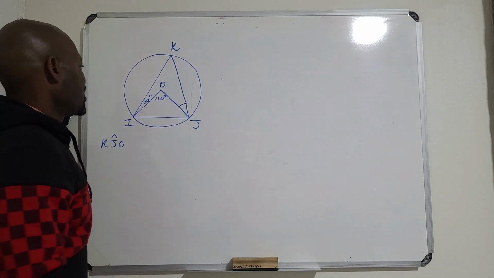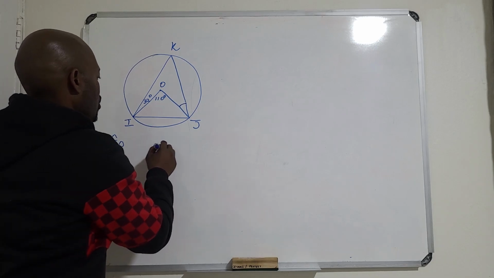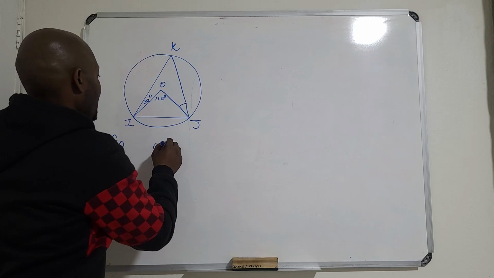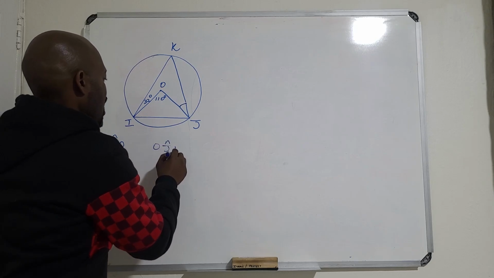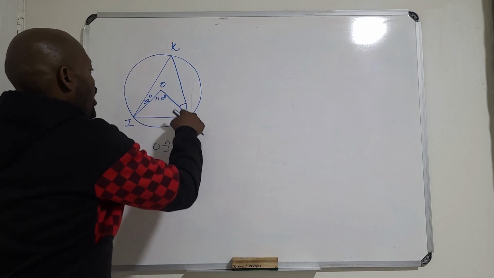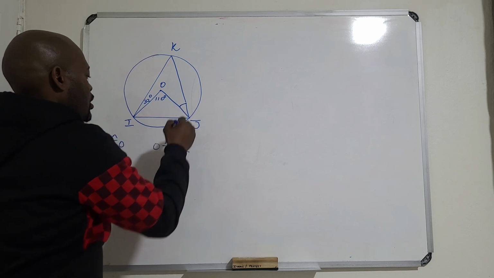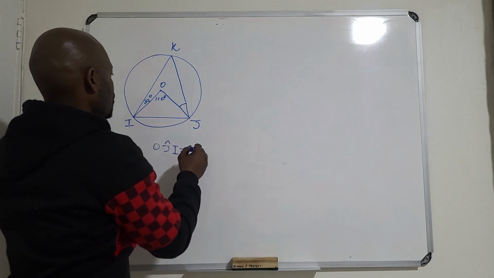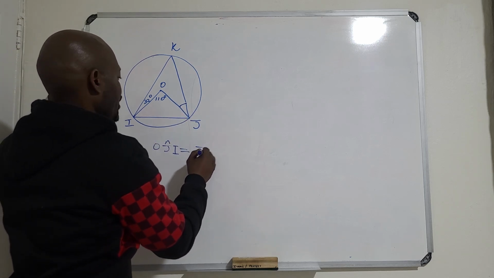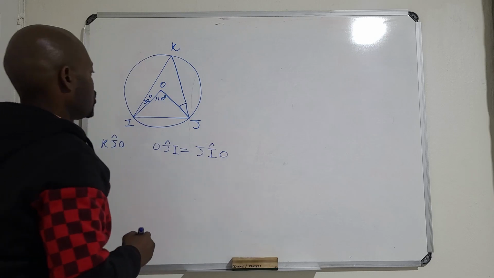Now, we start by saying that angle OJI, which is this angle there, is equal to angle JIO.